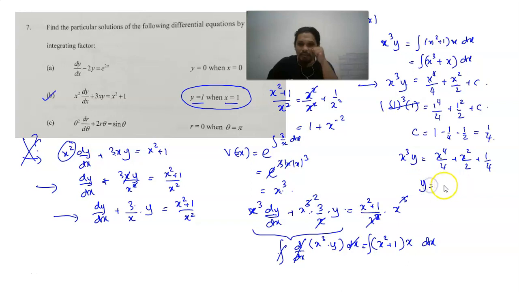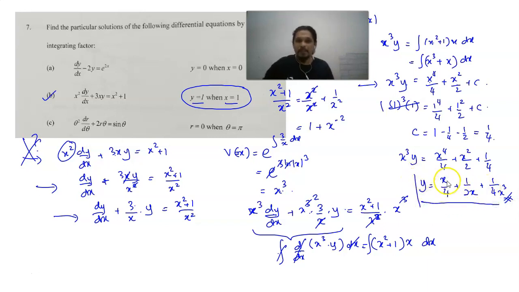Then y equals, divide by x cubed throughout. So x to the power of 4 divided by x cubed is x over 4, x squared divided by x cubed is 1 over 2x, plus 1 over 4x cubed. There you go.